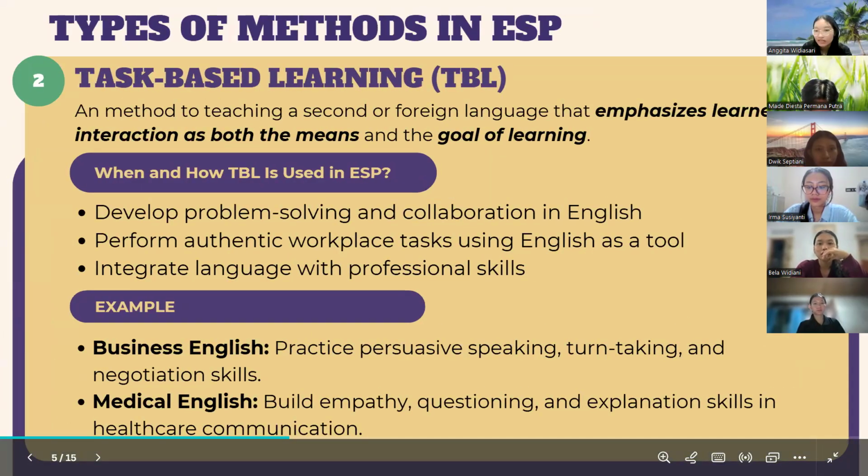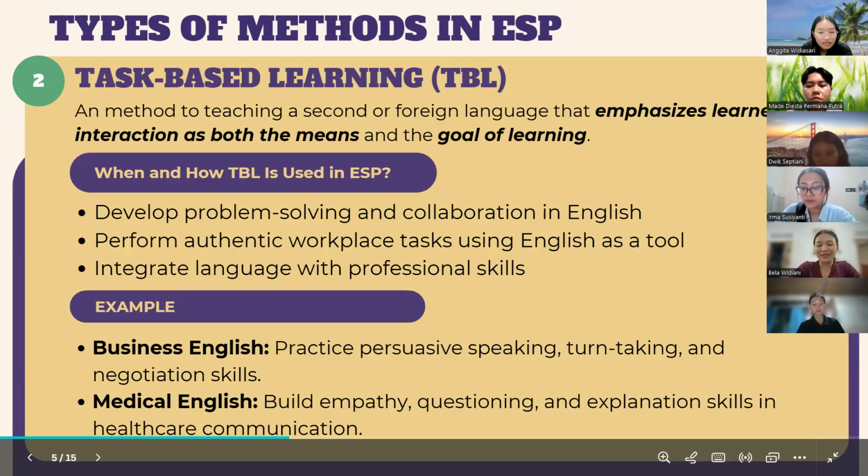Now we move to the second one. It is task-based learning or TBL. Okay, the second method is TBL, which emphasizes learners' interaction as both the means and the goal of the learning.